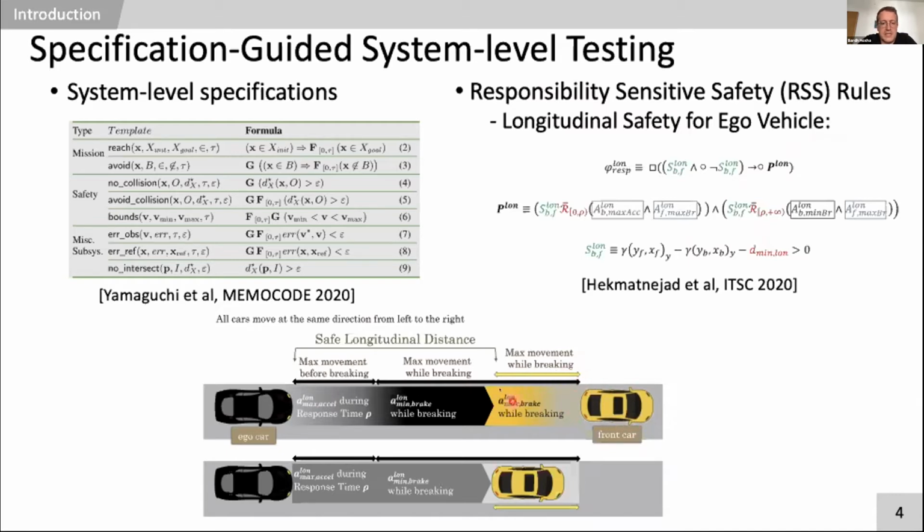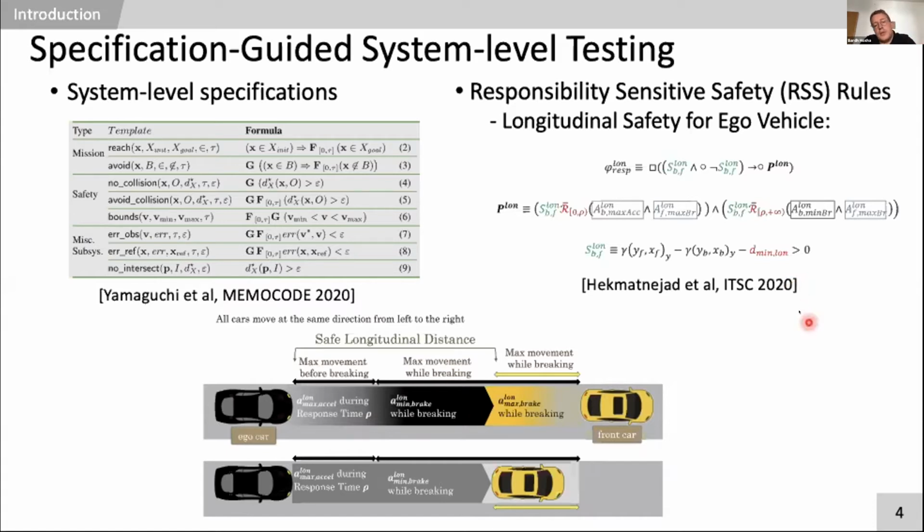So this is the maximum acceleration. For the ego car, there is a maximum acceleration before the reaction time, before you realize that the front car is stopping. And then there is the slowest acceleration while braking that you can have. So if you take into account all these three different things, you should be able to establish a safe longitudinal distance. Now, there's another question on how conservative this could be, so you have to play around with these parameters a bit so that you're comfortable in your example.